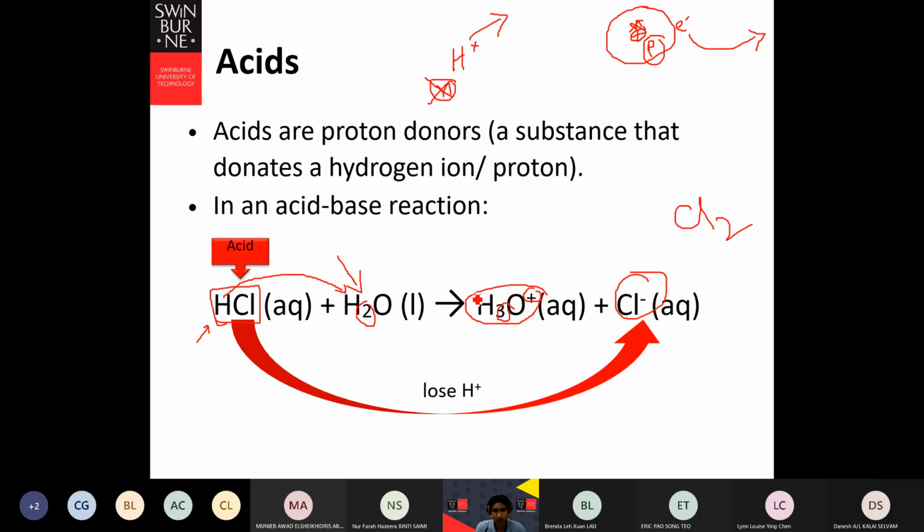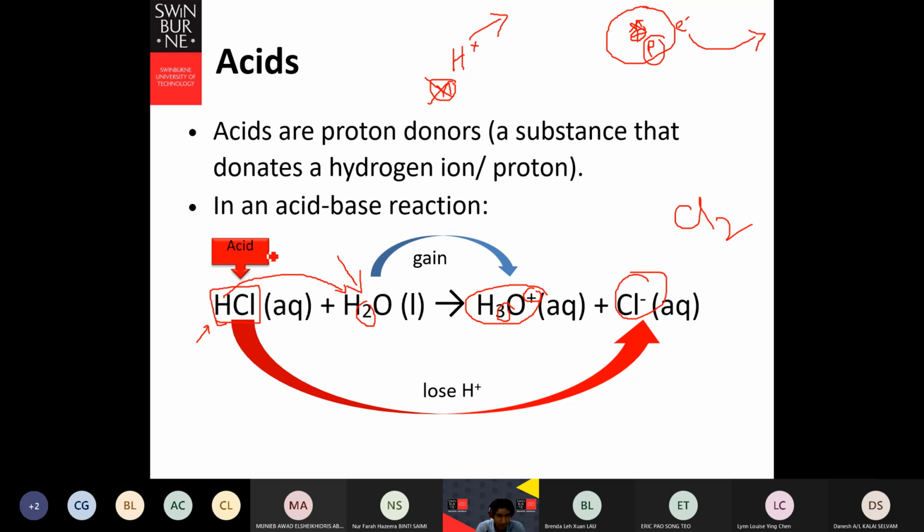So only the chloride ion is left, right? So it loses the hydrogen ion and water gains the hydrogen ion. So the leftover from the acid is the conjugate base, right?